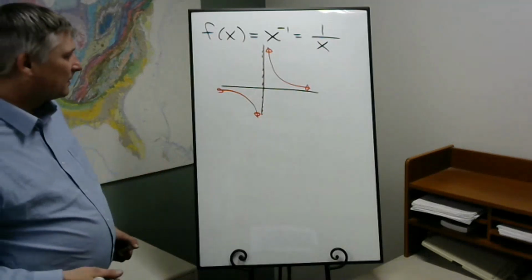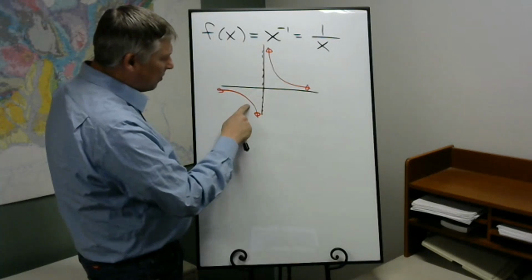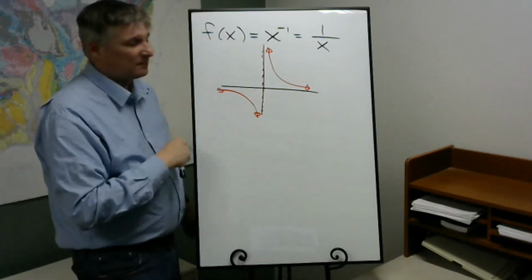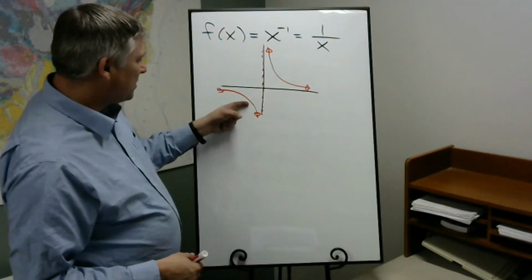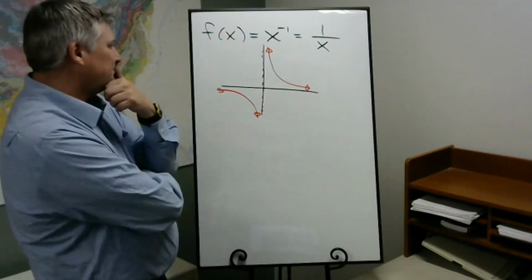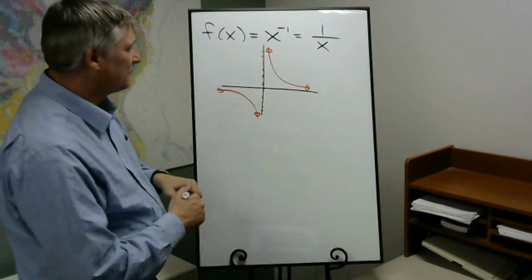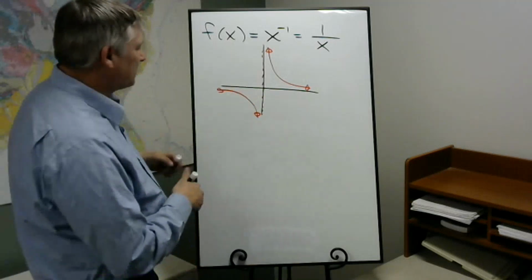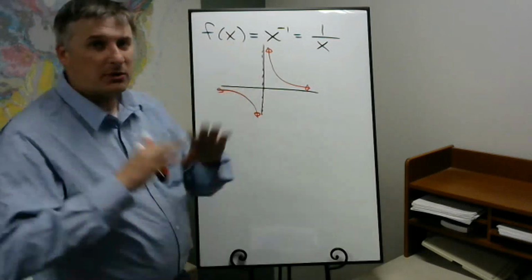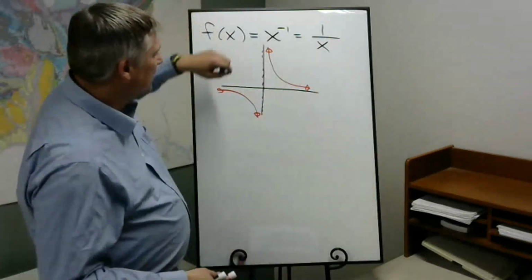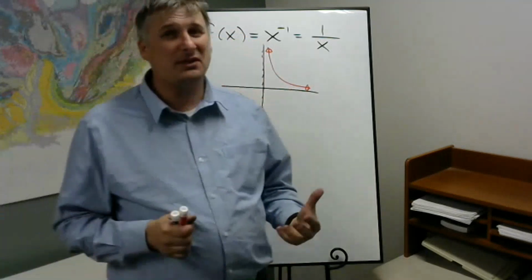So let's take a look at this thing. What is it doing? Well, as we move along this branch, it's always decreasing. So as long as we're on this graph, we're getting smaller and smaller and smaller. And the graph is undefined at x is 0. So it's decreasing here. We're undefined at 0, so we don't ask that question. As we follow this branch, it's also always decreasing.